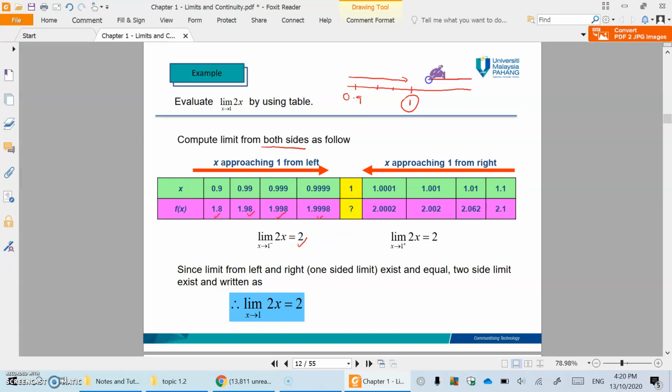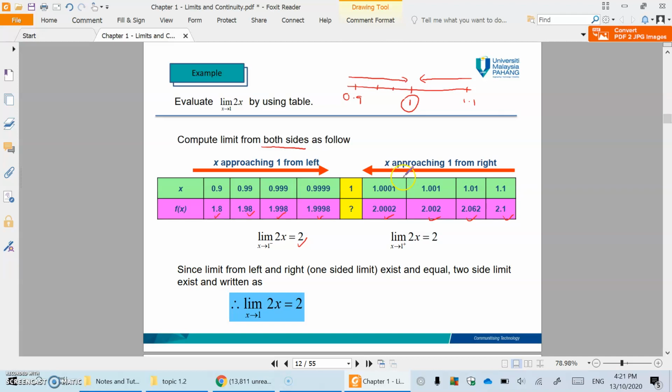Considering the right hand side, let's say we start with 1.1, approaching 1 from the right, we have 2.1, 2.02, 2.002, and 2.0002.